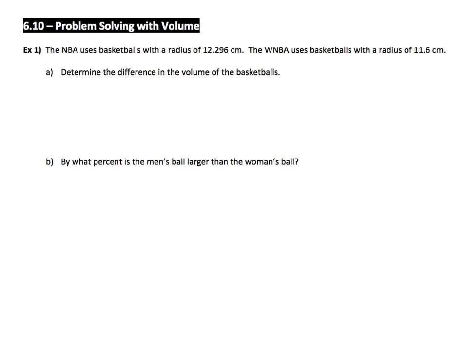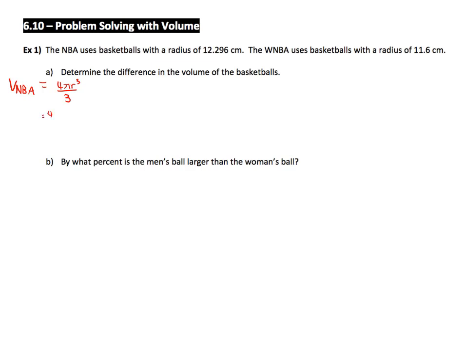So first, we're going to do the volume of the NBA ball. I'm going to do this in red, and then I'll switch over to blue or green. The formula is 4 pi r cubed, just like we learned last lesson, all over 3. And we just sub in the r value.